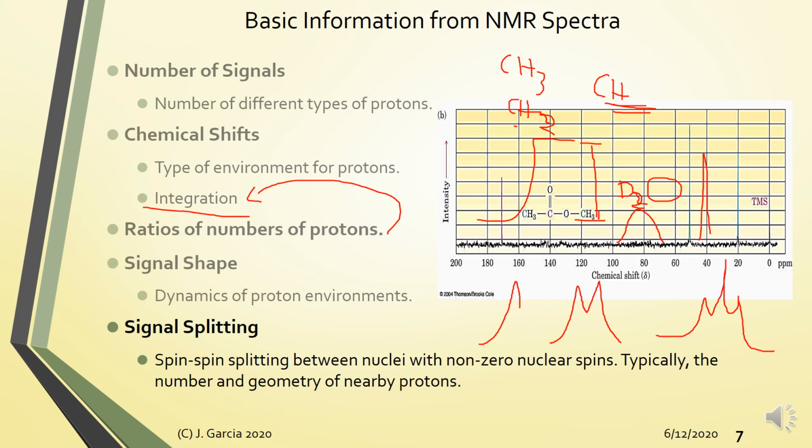If you remember from your organic chemistry, this follows your N plus 1 rule, wherein this talks about the number of neighboring protons. So the signal splitting gives you information regarding the number and geometry of nearby protons. So these are the basic information that we get from our NMR spectra.